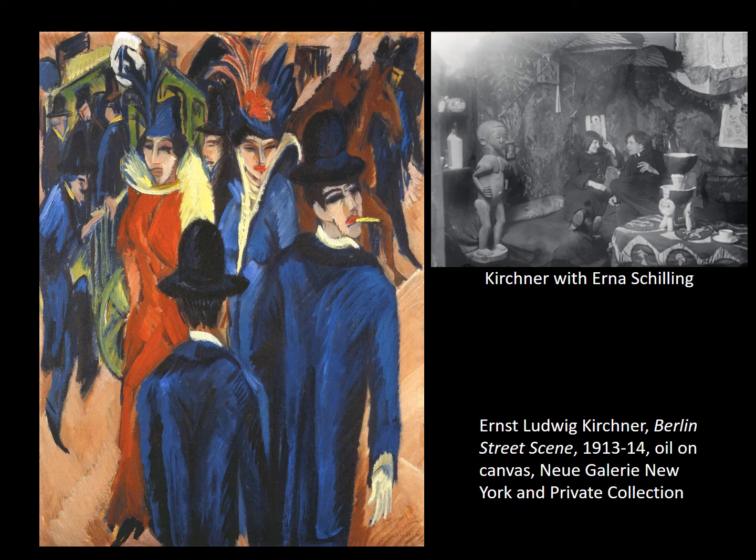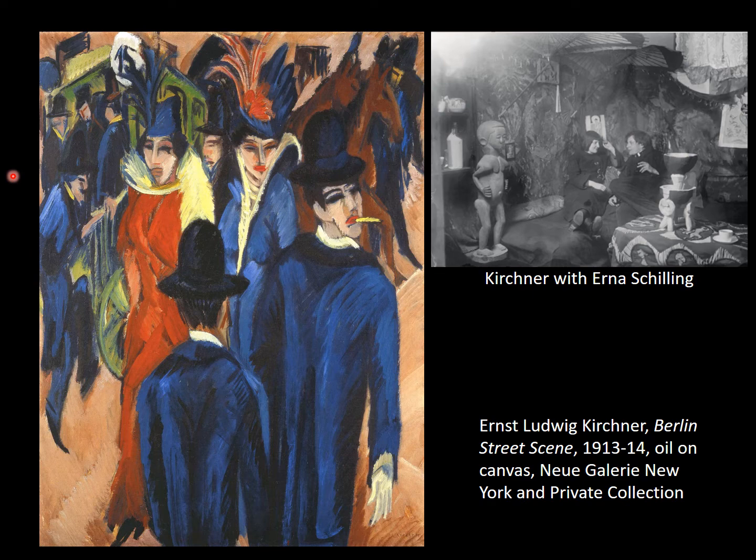Erna here is shown as the woman in the blue dress that we see here with the red hat, and her sister Gerda is the woman in the red. Erna actually would be Kirchner's companion for the rest of his life. Now, originally he had a short relationship probably with Gerda, but she died from syphilis in 1923.